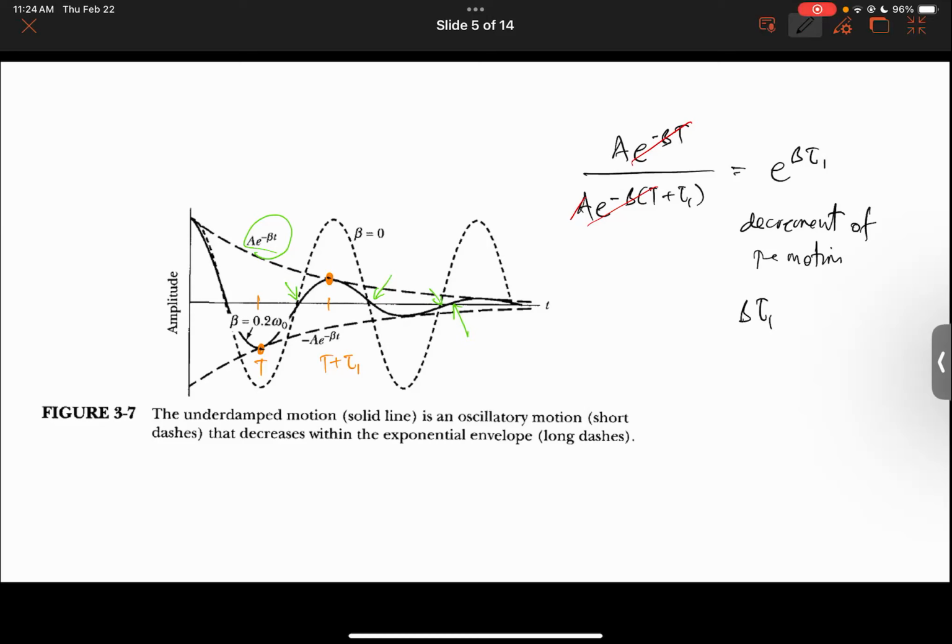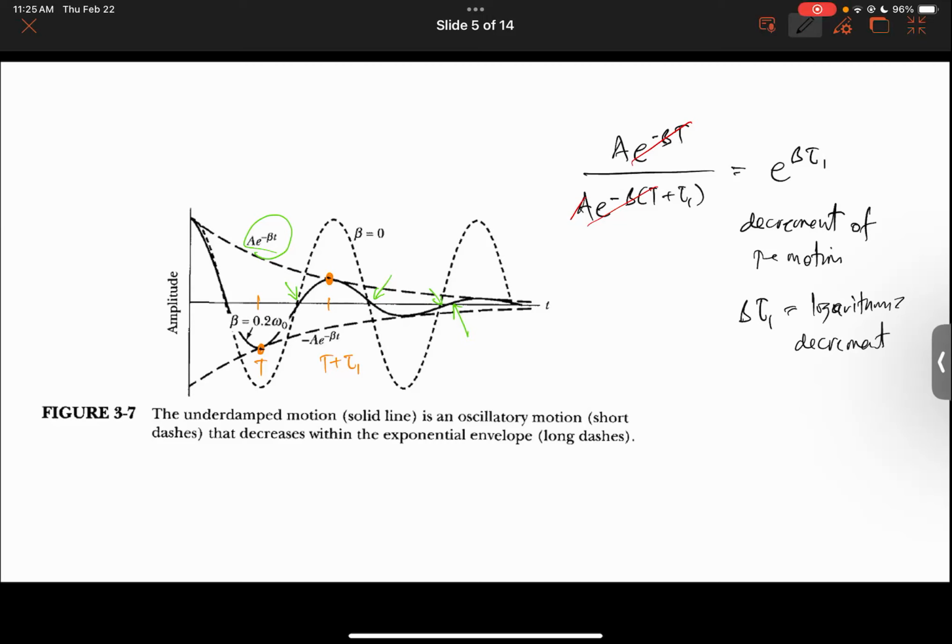Beta tau 1 is called the logarithmic decrement. Questions?